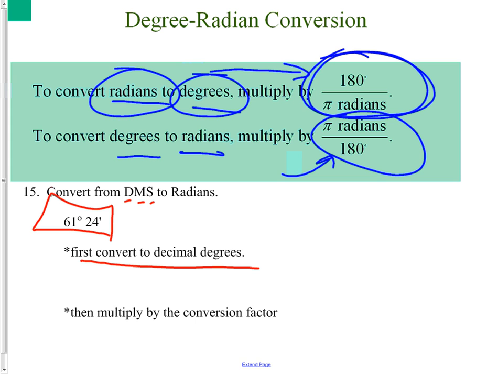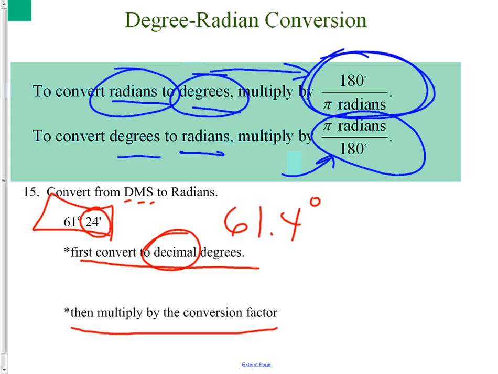Then, you just do that second thing that we did. So I taught you two processes. The first one was changing something in degrees, minutes, seconds into a decimal. So that's 61. And then this part, what do I do with that again? 24 divided by 60. Somebody do it quick. What's 24 divided by 60? So you take the 61 and you add that, and you get 61 point what? And that means I got 61.4 degrees.